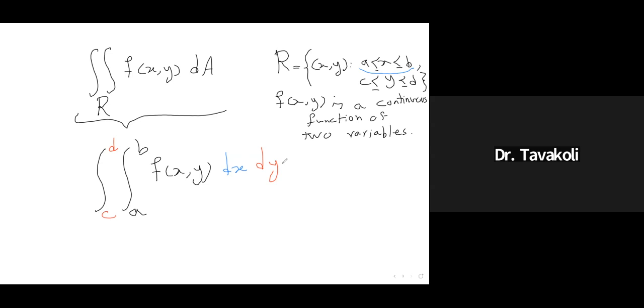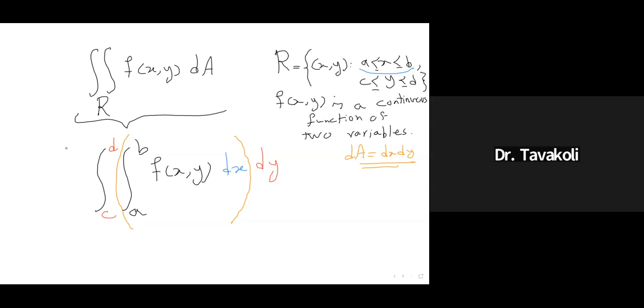So in fact, this dA here, the infinitesimal area, is dx times dy. So in this situation, I do this integral first, and then I proceed and do the other integral.